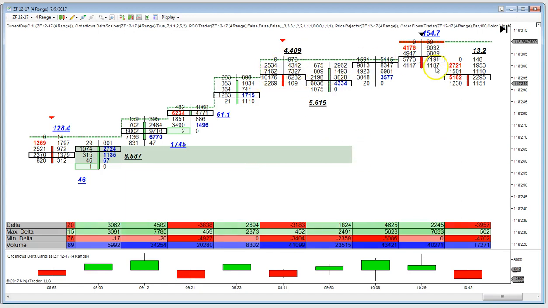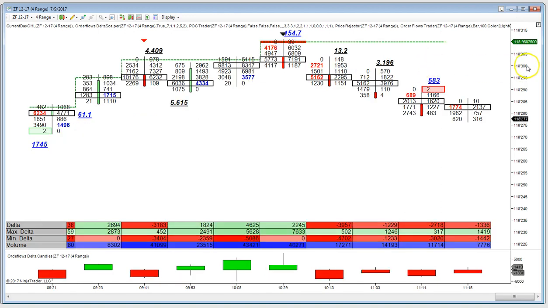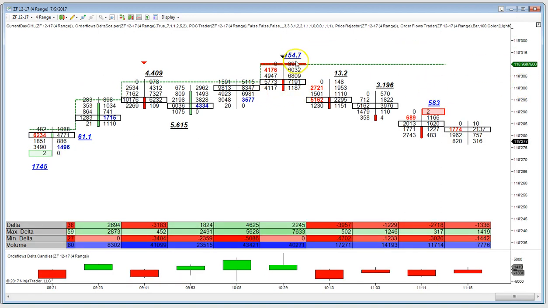Another divergence that fails. You get up here to this high, you got the bearish ratio. Still got positive delta, so you don't have the divergence, because you got the positive delta. But again, take a look at the delta, and that's why I like these delta candles here.